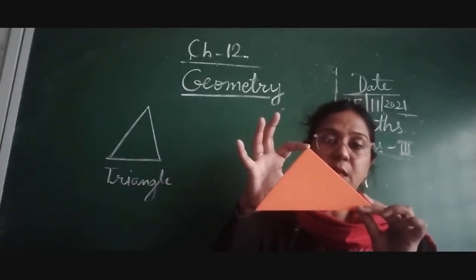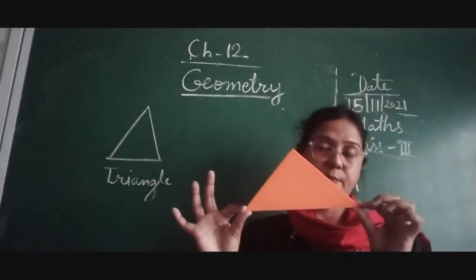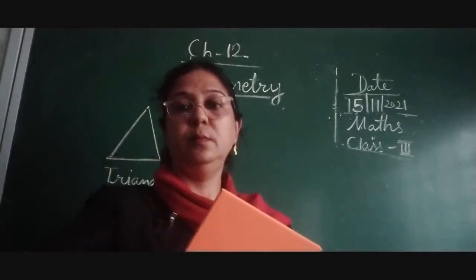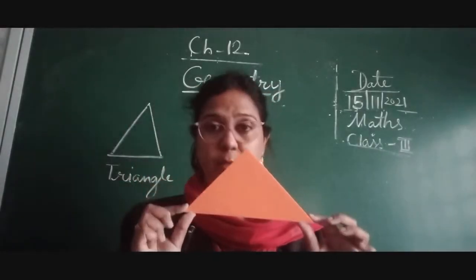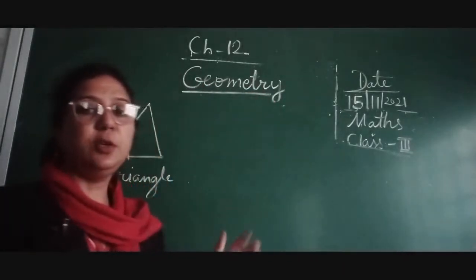Now children, these corners are called vertices. A triangle is named by its vertices. I am going to write the detailed description of the triangle on the board.